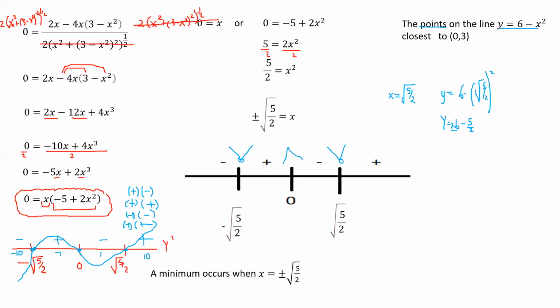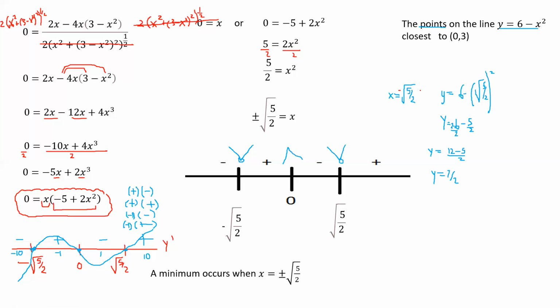Multiply that one by 2 and that one by 2. So now I've got 12 over 2 minus 5 over 2, or the whole thing over 2. So I'm getting 7 over 2 for that one. So first point on the graph, closest to the point, root 5 over 2 and 7 over 2.